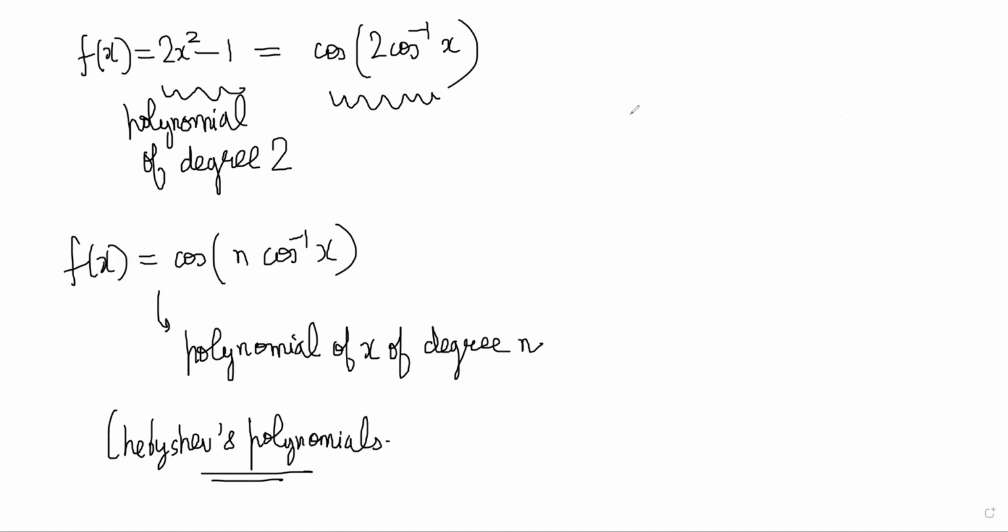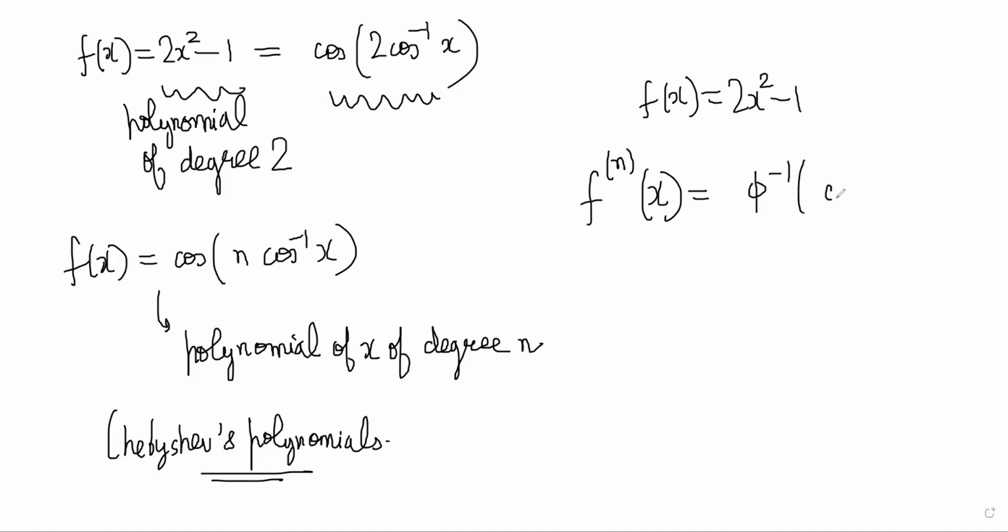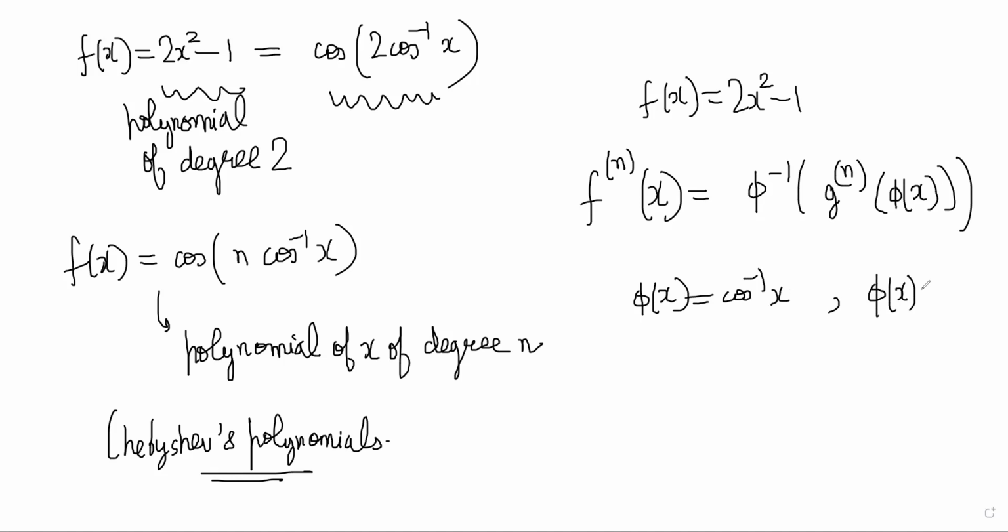In this particular problem, we got that if f of x was 2x squared minus 1, we got by the bridge function method that f^n of x is equal to phi inverse of g^n of phi of x. And since our phi of x was equal to basically cos inverse x, phi inverse of x was equal to cos of x, and g of x was equal to 2x.